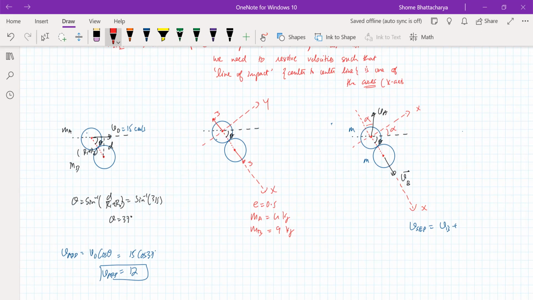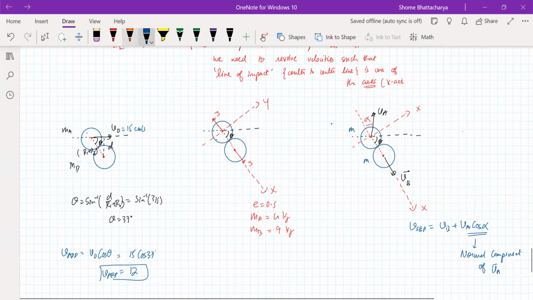No, we can't say that, sir. That angle and this angle are not the same. So let's just take that angle as alpha, because VA need not be perpendicular to this line. So then this will become VB plus VA cos alpha, because this is what we can say is the normal component of VA.